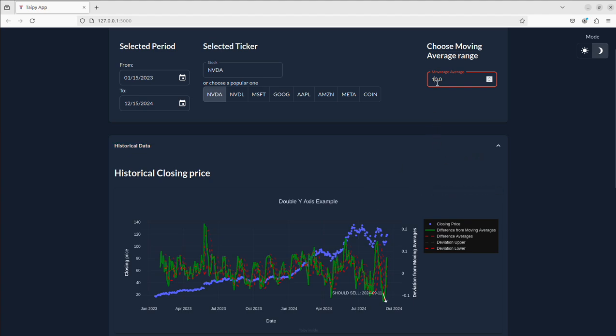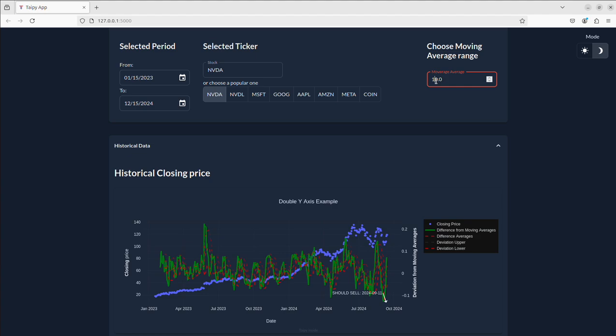So this 10 days moving average, you can see that it actually catches shorter swing trades. So it can catch these smaller volatility, smaller waves.